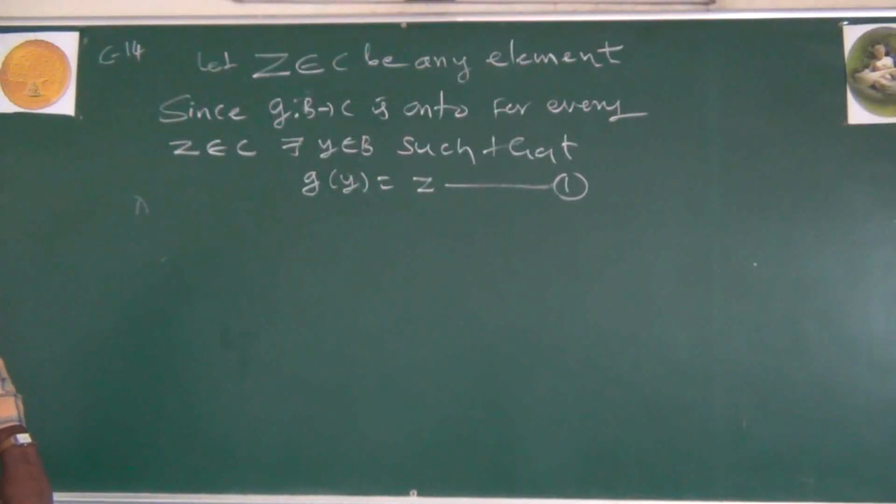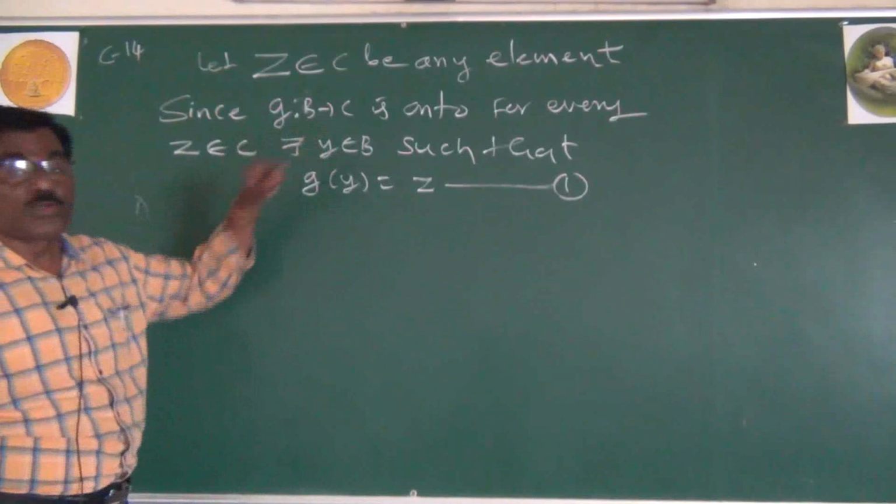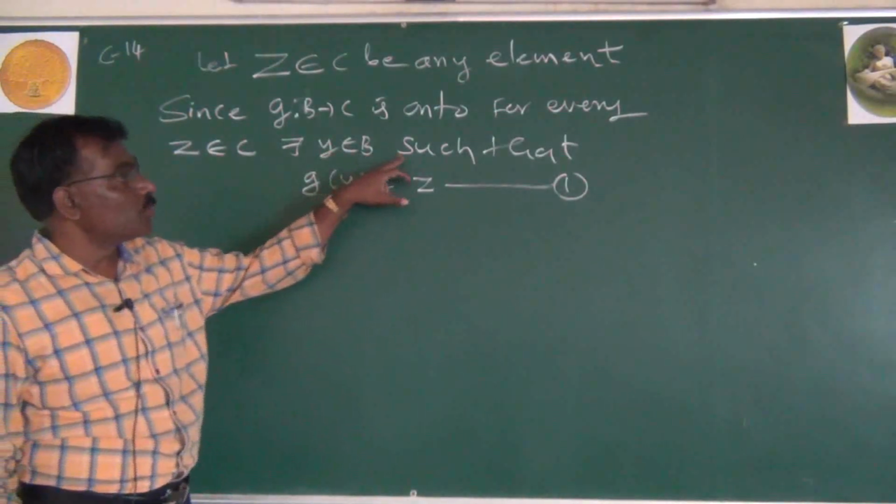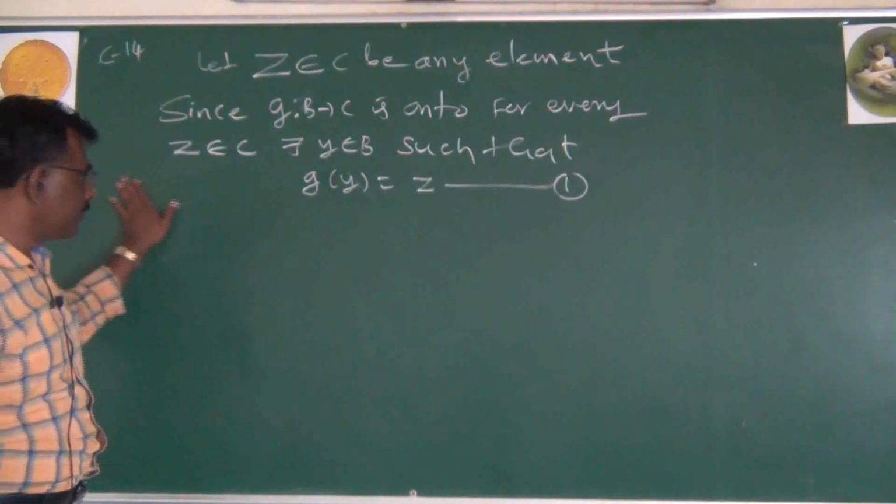Since g from B to C is onto, for every z belongs to C, there exists y belongs to B such that g of y is z.